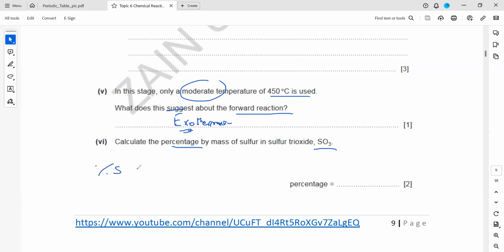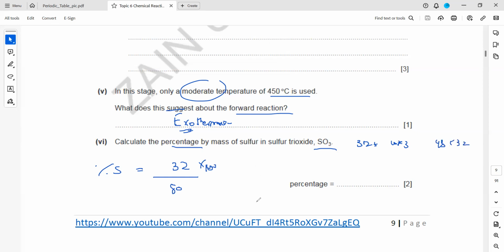Calculate the percentage by mass of sulfur in sulfur trioxide. So the mass of sulfur is 32, the mass of the compound is 32 plus 16 times 3, which is 48 plus 32. So the total mass of the compound will be 80, multiplied by 100. Because this is 48 and this is 32, the total sum will be 80.